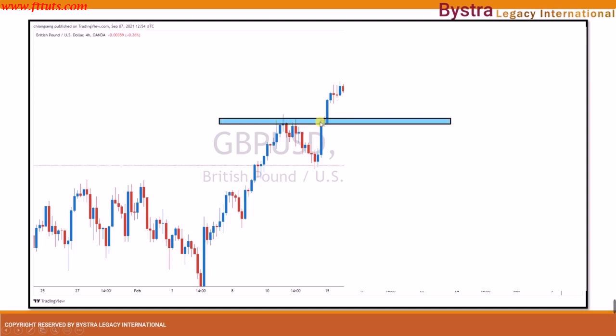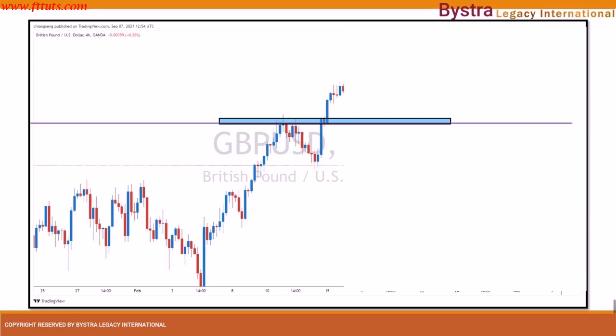So what should we do? We mark the zone of our entry point, which is the body base of the rally base rally. Then we mark the horizontal line at the top of the body of the resistance. Now, how do you know that this will be a capital letter A? The only way we can know this is to move the chart to the line chart.